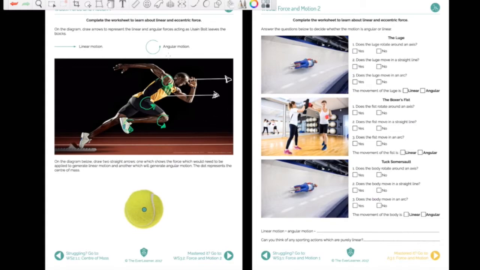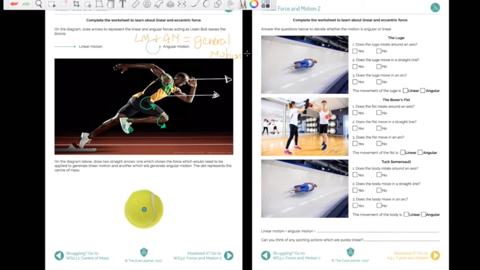So how could we summarize the entire performance? Well, we'd summarize it to say that we've got linear motion plus angular motion equals a concept called general motion. Where we've got a body performing both examples of linear and angular motion within the single performance, we call that general motion.